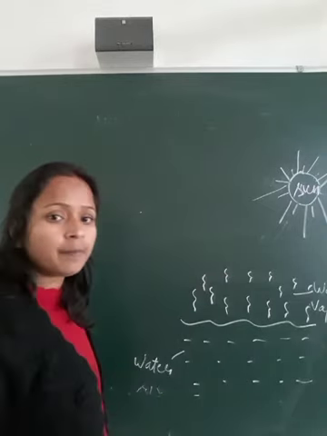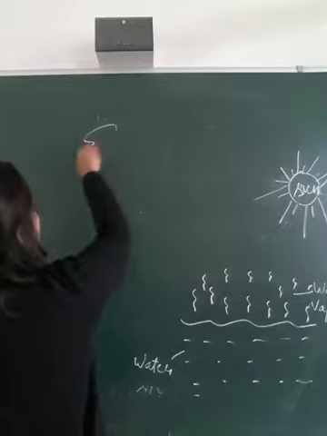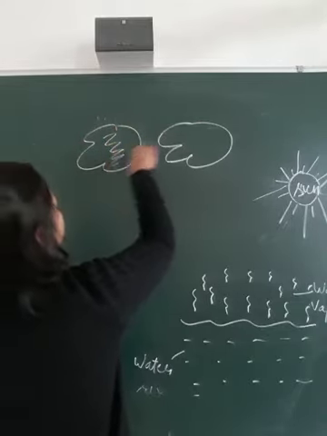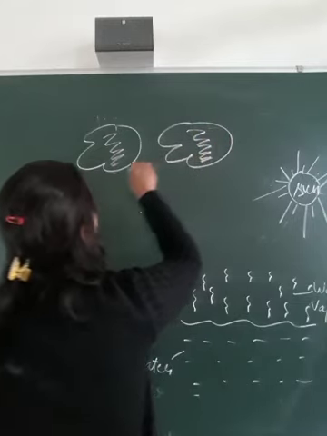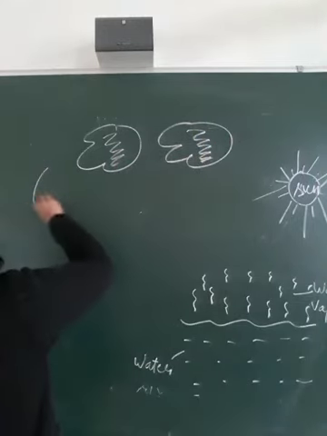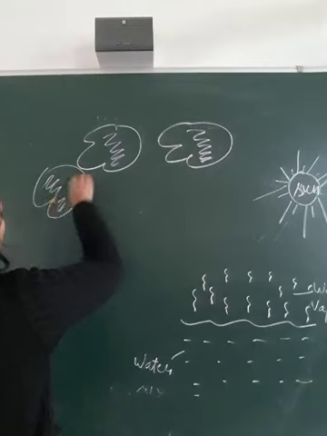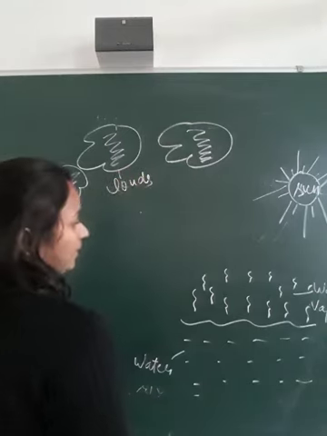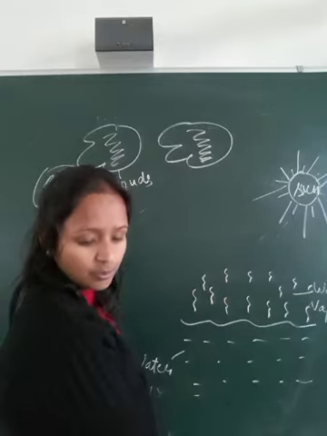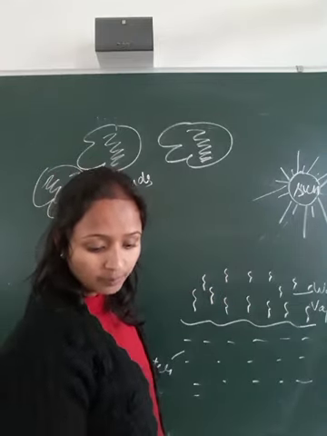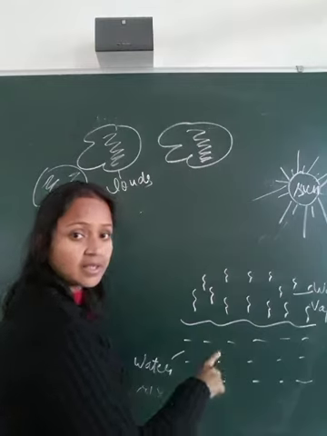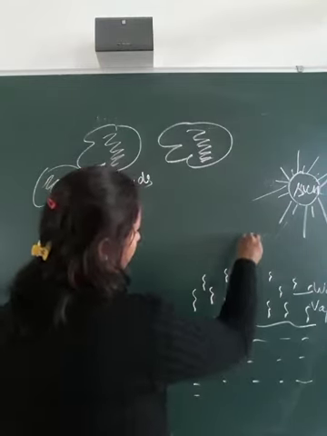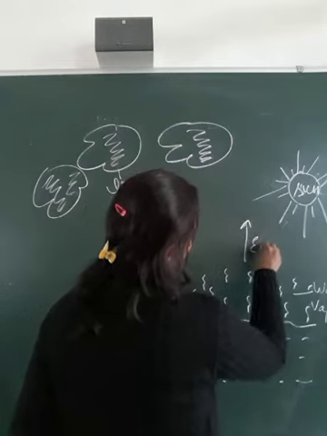You can see these are the clouds. So the heat of the sun changes some water into water vapor. That process is called evaporation.